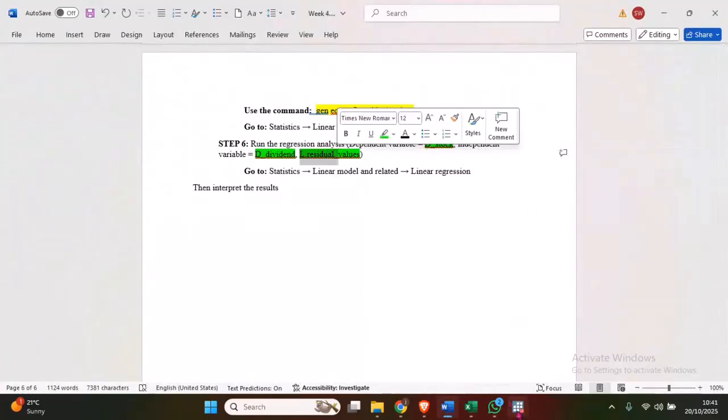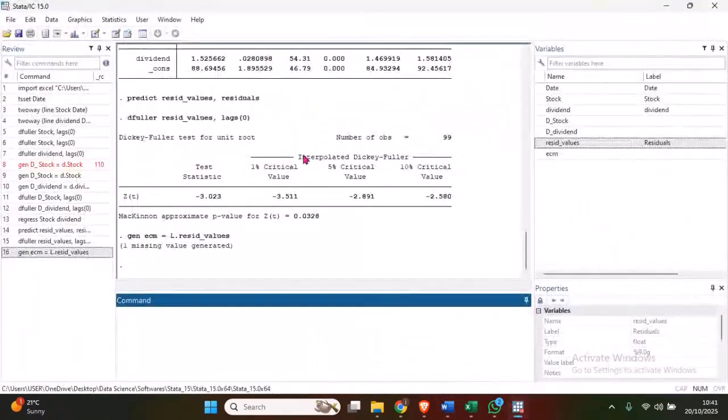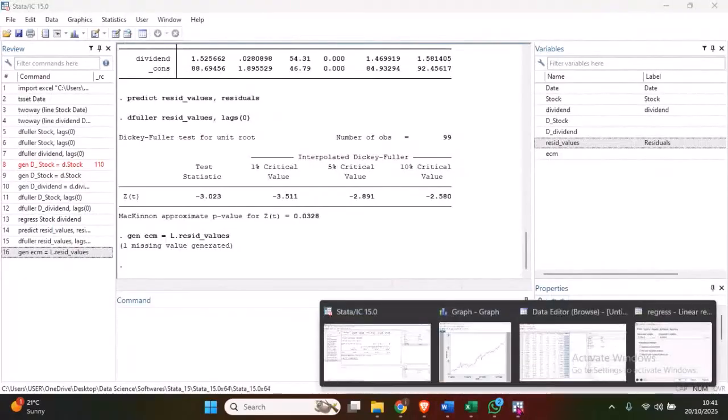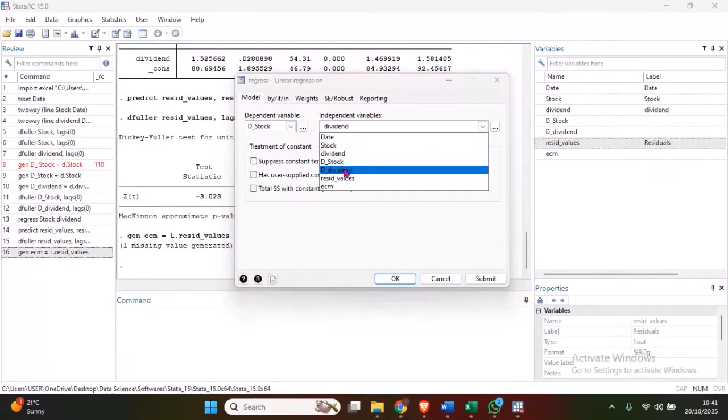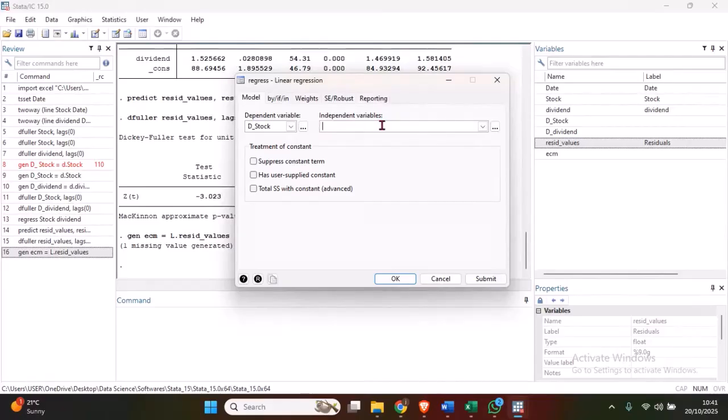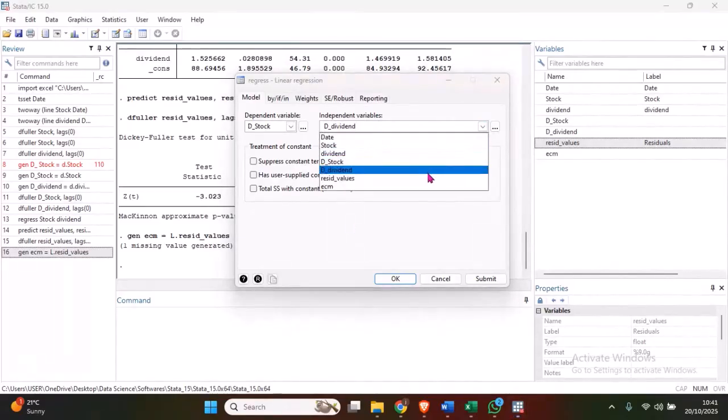We come back here. Let's first of all delete all of them. We add the dividend, and then we add another one called the ECM.